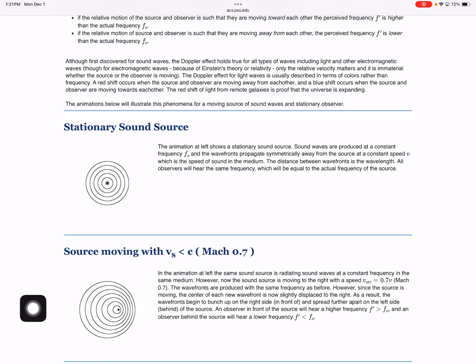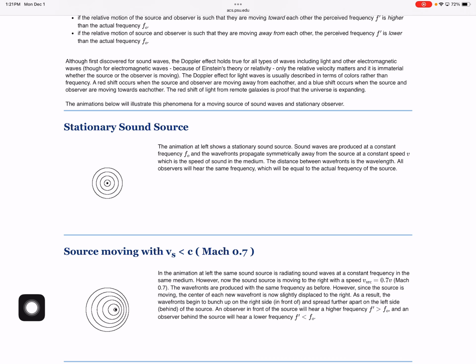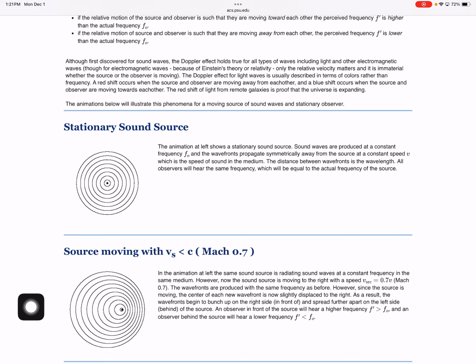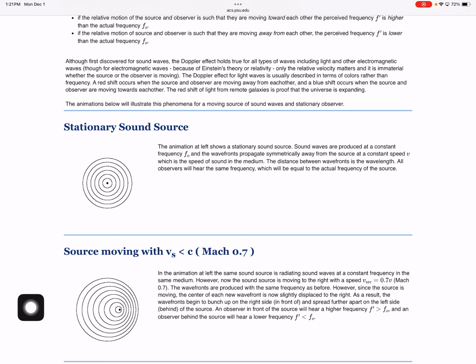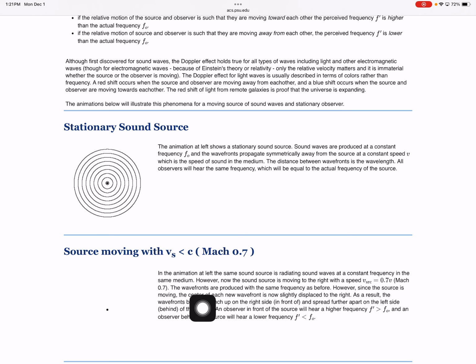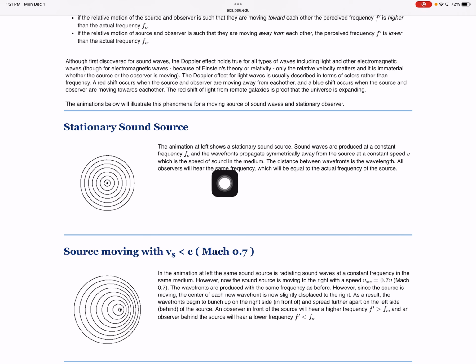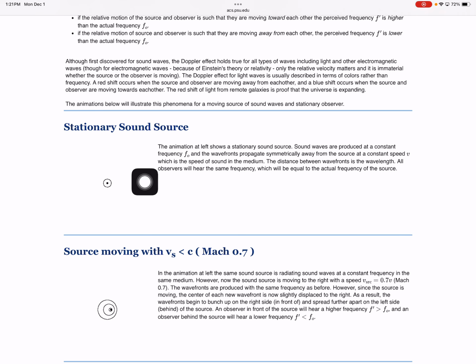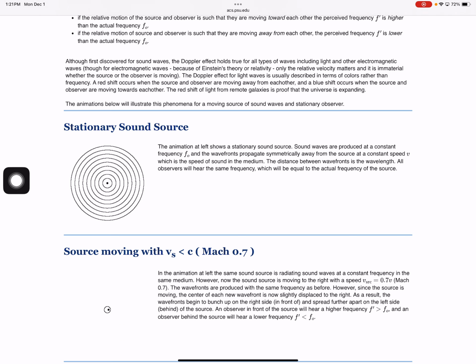On the other hand, if you were standing here, less than 100 crests will pass you each second. So if a source is moving away from you, you'll hear a frequency less than the emitted frequency. Conversely, if the source was at rest and you move toward the source, you'll hear a higher pitch, and if you move away from the source, you'll hear a lower pitch.